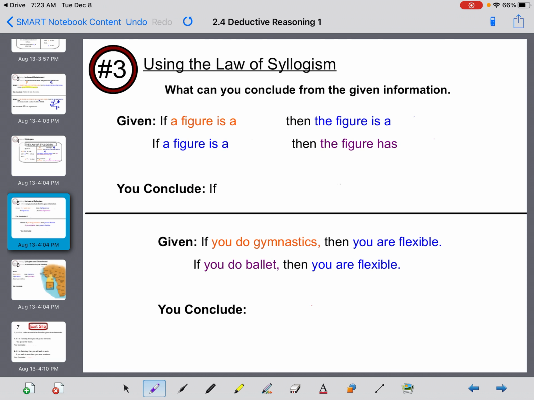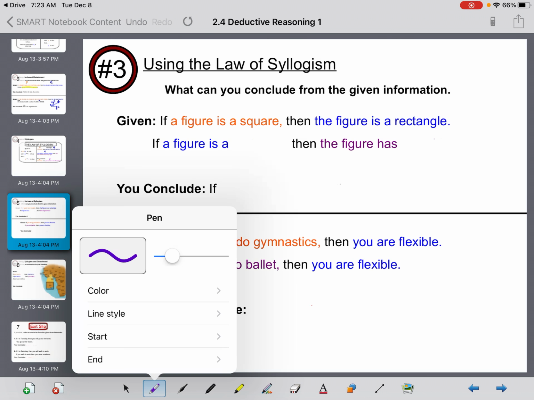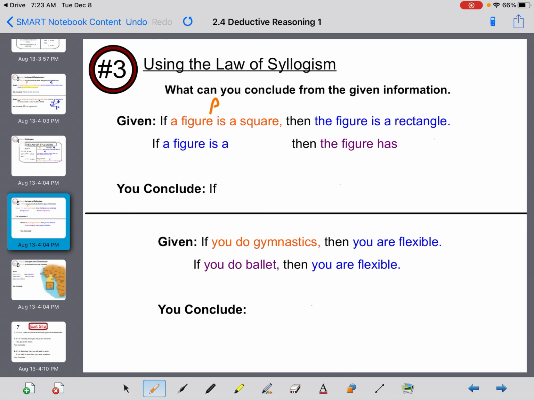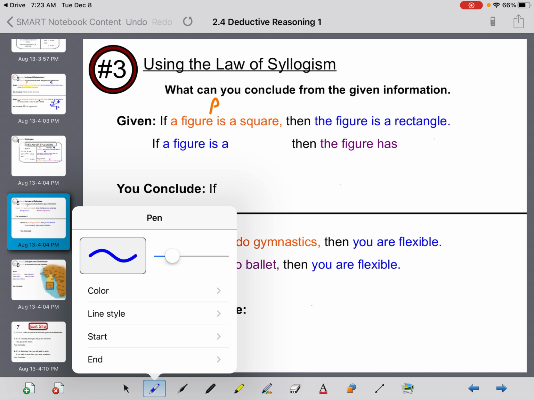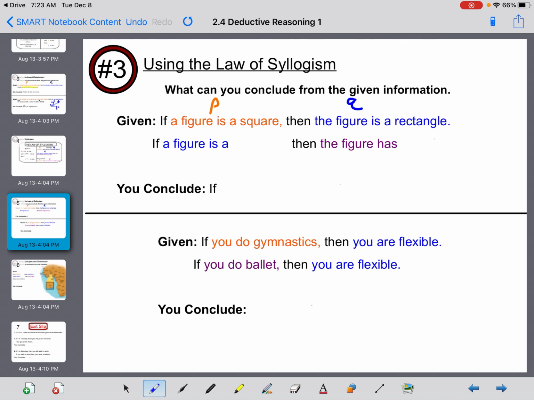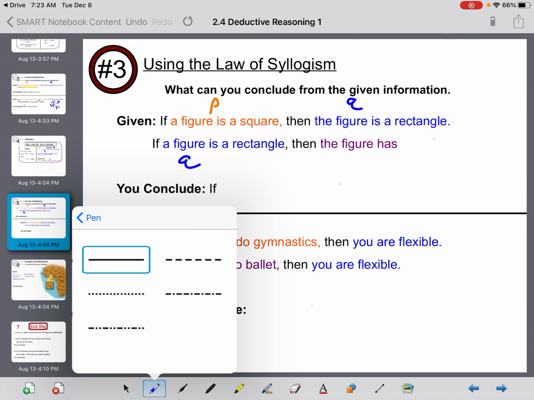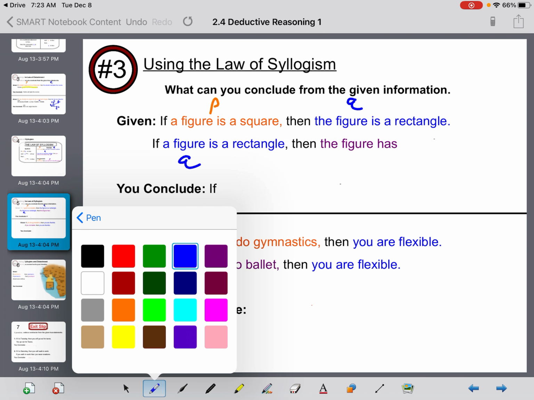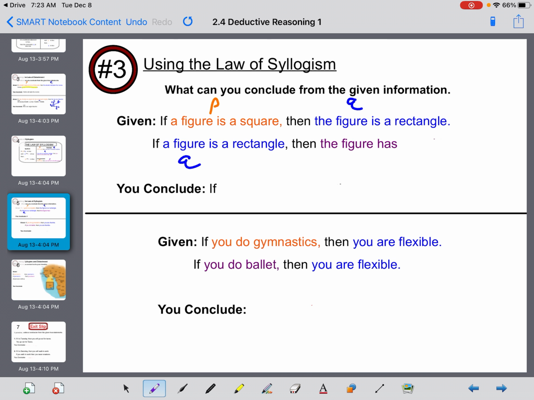So using that law of syllogism, so here we go. If a figure is a square, then the figure is a rectangle. If P, then Q. Okay, then we have Q. If a figure is a rectangle, then the figure has 4 sides.